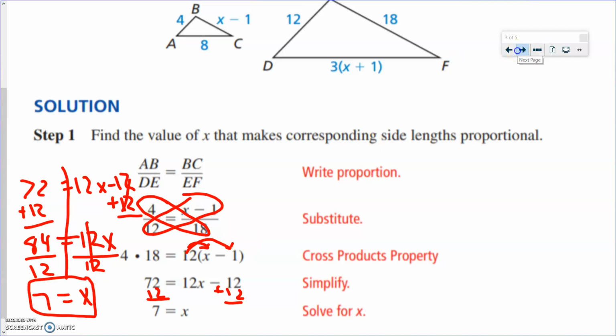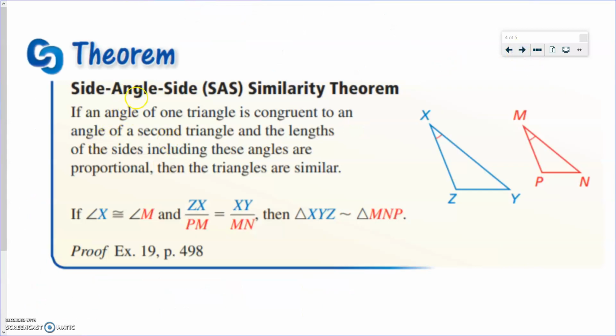We have one other way of looking at this, and that is the side, angle, side theorem. If an angle of one triangle is congruent to an angle of a second triangle, and the lengths of the sides including these angles are proportional, then the triangles are similar. So we have X and M congruent, and we want to look at the sides that hold the angle and see if they set up a ratio.